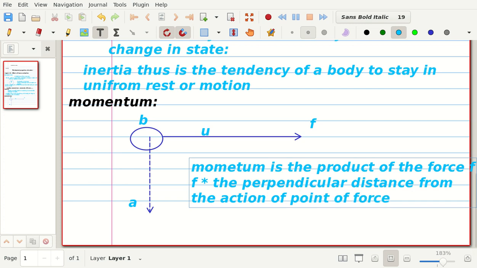Where is our point of action of force? I could bring another text and put here an O so someone can know this is the point of action of force F.